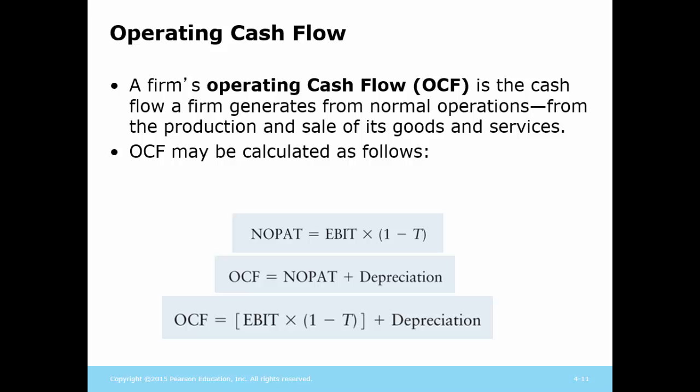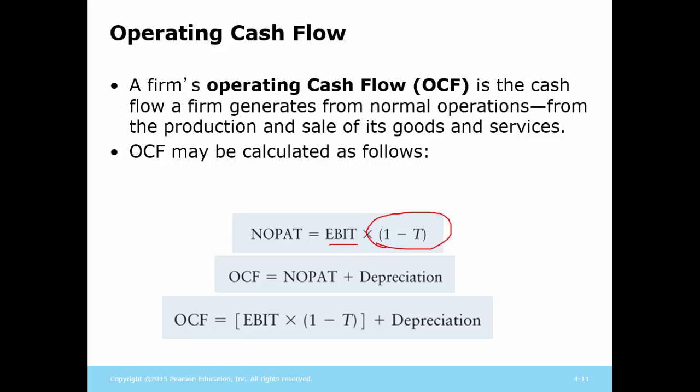But again, we want to change just a little bit. We want to start thinking more about decision making. So the first cash flow we want to calculate is something called the operating cash flow. It's a very simple calculation. The first thing we need is net operating profit after taxes. So we take the EBIT of the company, earnings before interest and taxes, and subtract from it the taxes of the company.